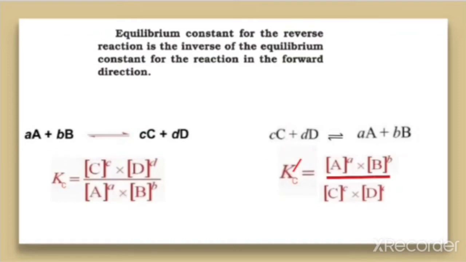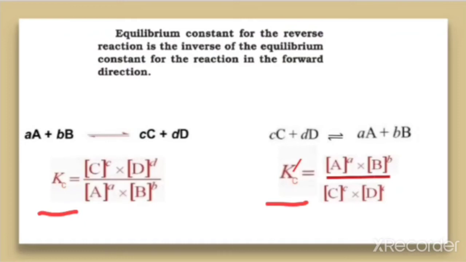So what will be the Kc? That is represented here as K dash C, the concentration of the product divided by the concentration of the reactant. So this is K dash C, and this one is Kc. So what is the relationship between the equilibrium constant for the reverse reaction and the equilibrium constant of the forward reaction?